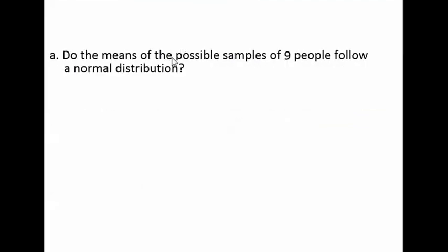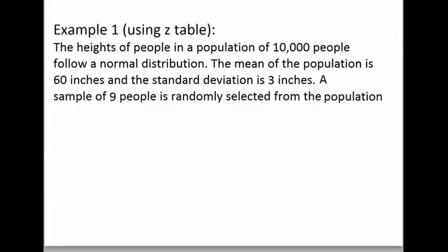Before we can use z-scores to find probabilities, we have to find out if the sampling distribution is normal. So let's look back at the question to see if we can find out if the sampling distribution is normal. This question says that the heights of the people in the population follow a normal distribution, which means that the individuals in the population have a normal distribution. We know that if the population is normal, the sampling distribution is always normal, no matter what sample size is being used.